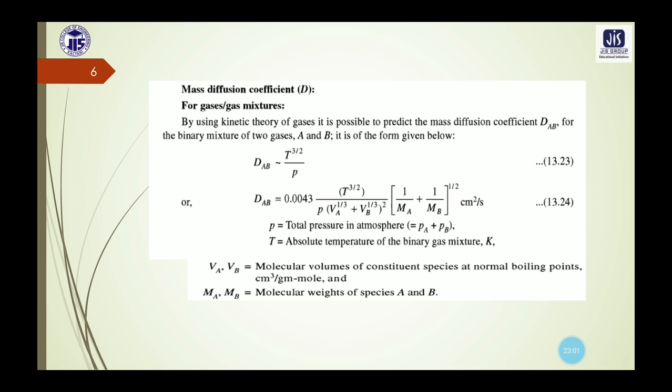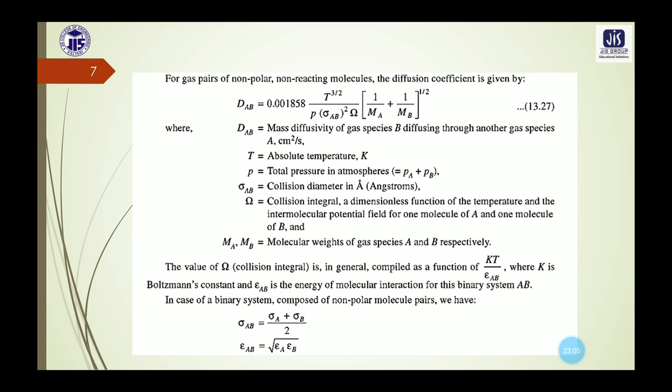Ma and Mb are the molecular weights of species A and B. For gas pairs of non-polar, non-reacting molecules, the diffusion coefficient can be written as equation number 13.27. These equations you need to remember to solve the numericals based on the concept of Fick's law and the mass diffusion coefficient.